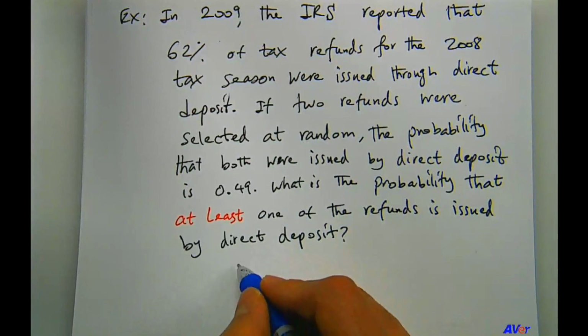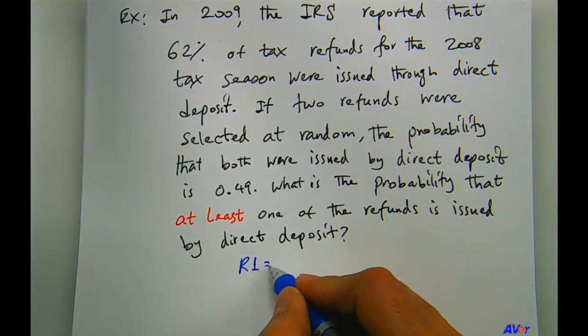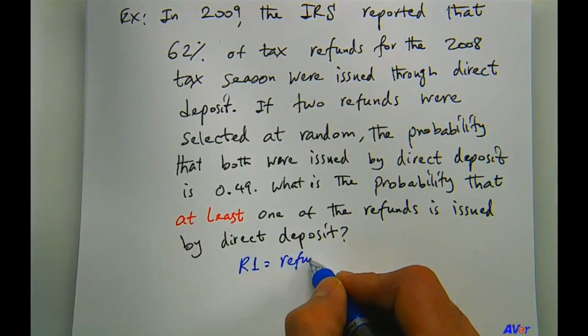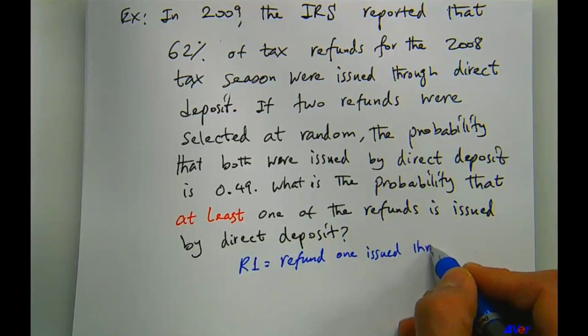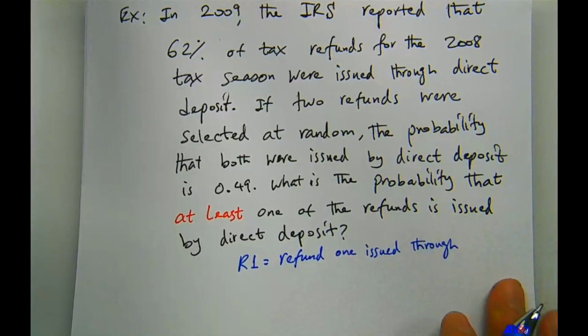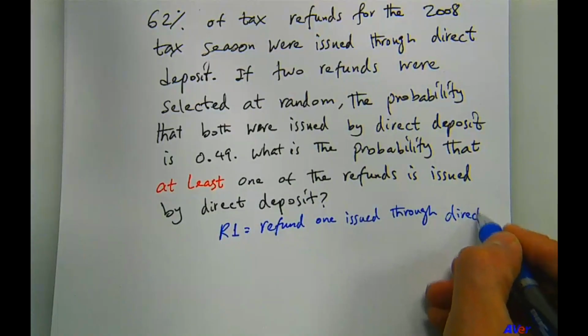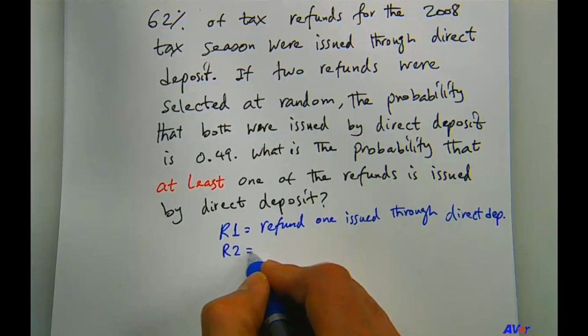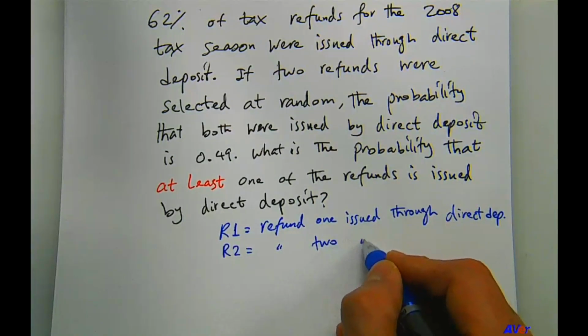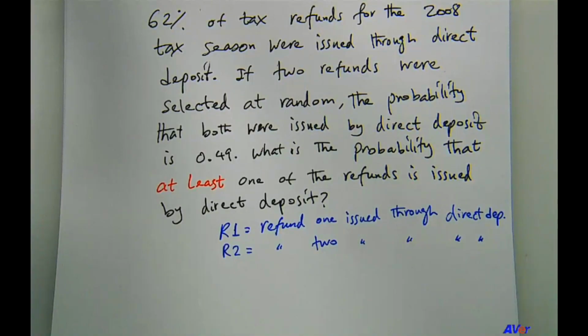We want to say R1 is refund 1 issued through direct deposit, and let's take R2 as refund 2 issued through direct deposit. So again, we're introducing variables, which is a way to give life to what you read in plain English in mathematical terms. We're recreating this problem mathematically.